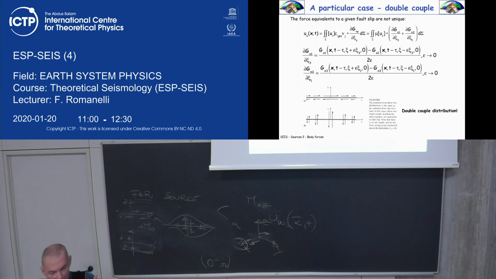The orientation is XZ. It's due to the geometry. And the amplitude is related to the distribution of slip. So where the slip is maximum, the double couple will be larger, and so on. The total resultant is 0, the total moment is 0. Everything is fine.